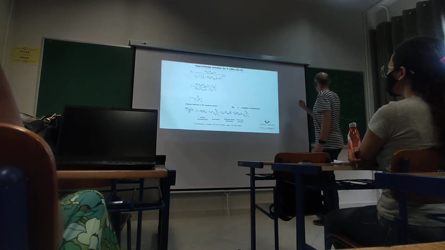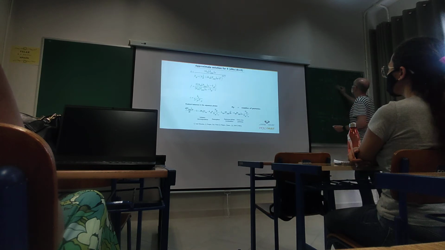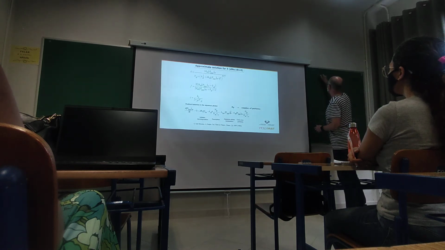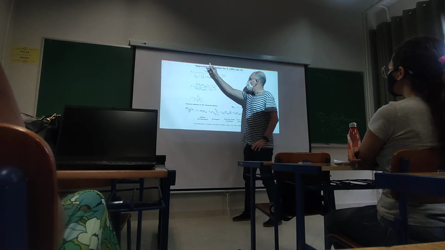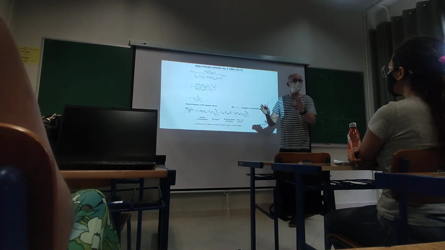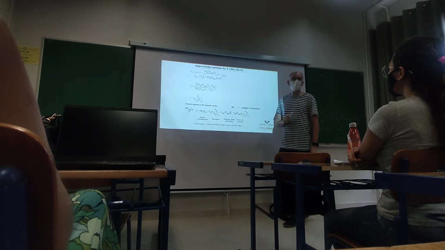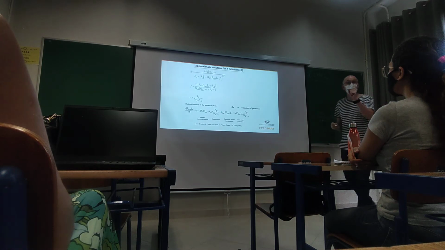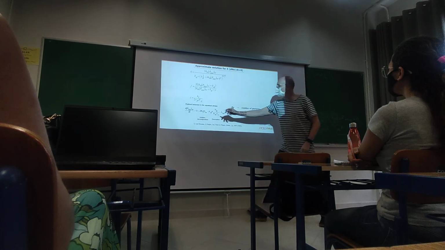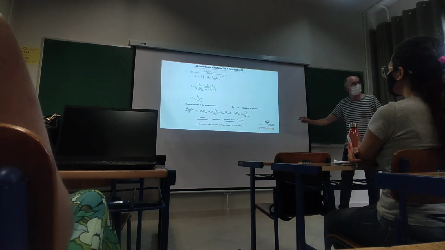But to calculate N bar, Ka, Kd, and C are constants, but we need to calculate the radical concentration in the aqueous phase. So to calculate the radical concentration in the aqueous phase, we have to do again a balance of radicals in the aqueous phase. And this is this equation that you have here.